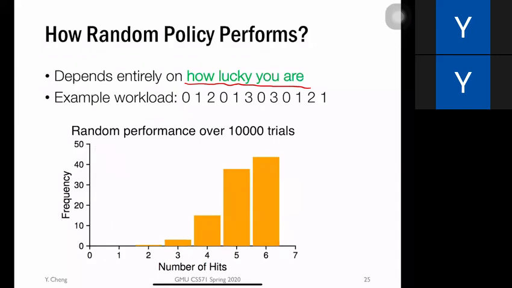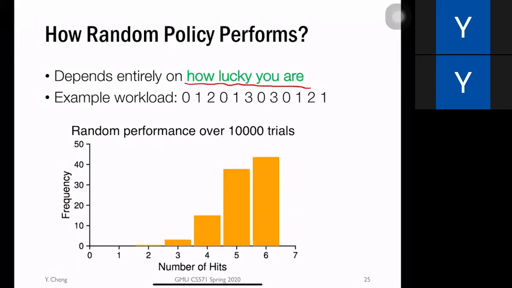If you happen to have a workload that just fits this random policy, it tends to get better performance. If you take a look at this plot, it has 2 dimensions. The x dimension is the total number of hits, and this is essentially a histogram. And the y dimension is the frequency, as a function of the number of hits shown on the x dimension.